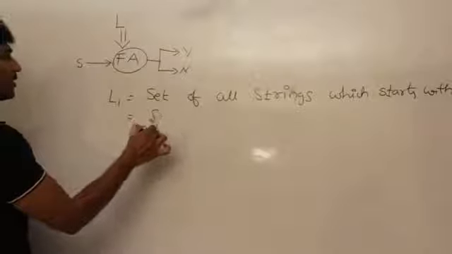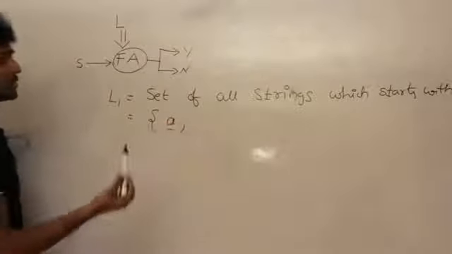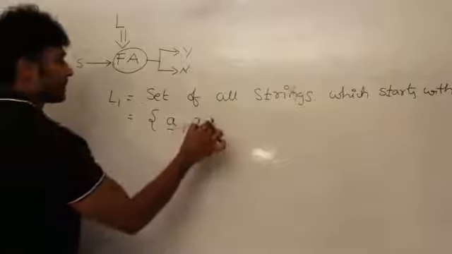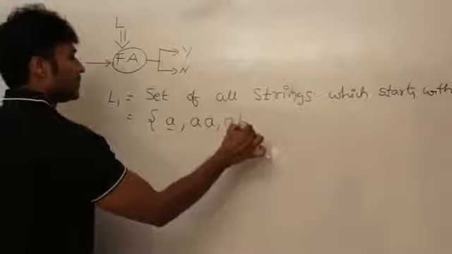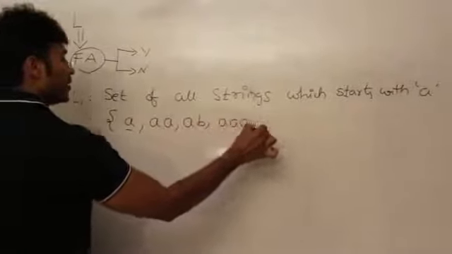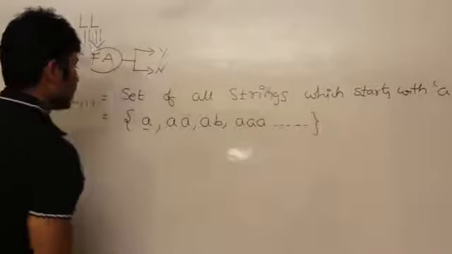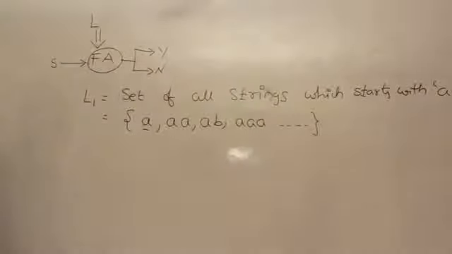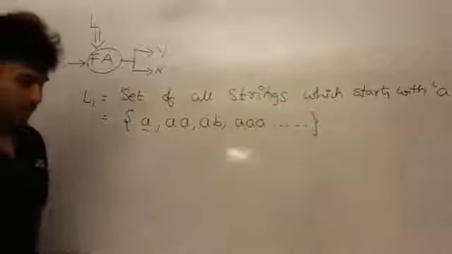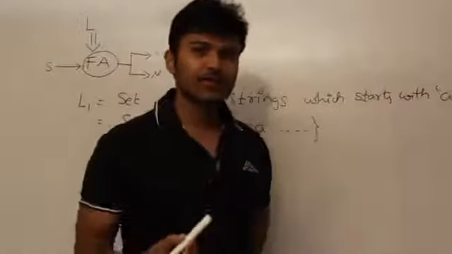Then it is small a because strings are going to start with a: a, aa, ab, aaa, and so on, right? So I am going to construct a diagram which I am going to call a finite automata, and then we shall discuss the definition later.